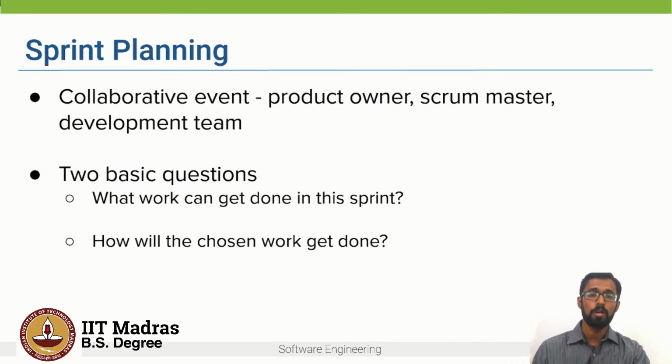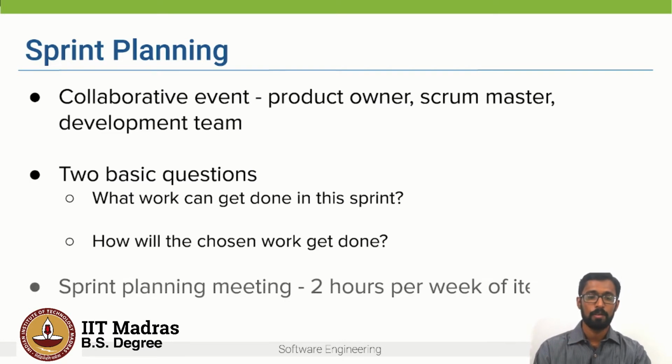The team chooses a subset of all the tasks which are required to be done and decides which tasks have to be done in this sprint. The sprint planning meeting is time-boxed and it is roughly 2 hours per week of the iteration.